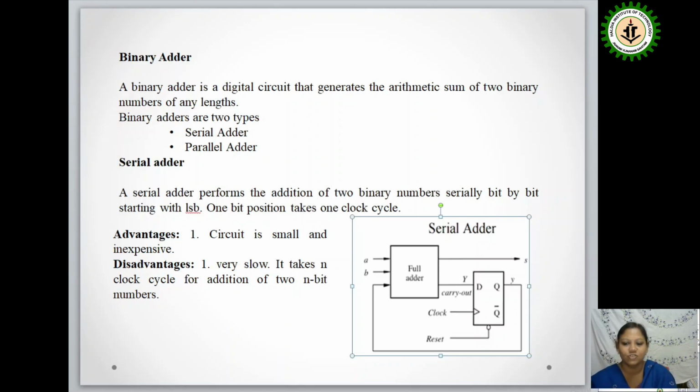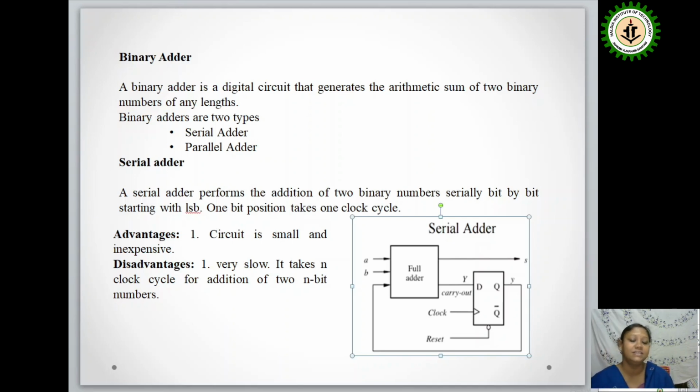The carry actually moves to the next bit, so this carry goes to the flip-flop position, and again the next bit is calculated. What are the advantages of this? The very first advantage is that the circuit is very small, only one full adder and one flip-flop, and inexpensive. Obviously only two circuits are there, so it is less expensive.